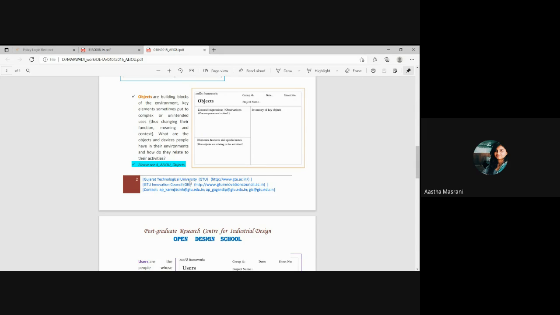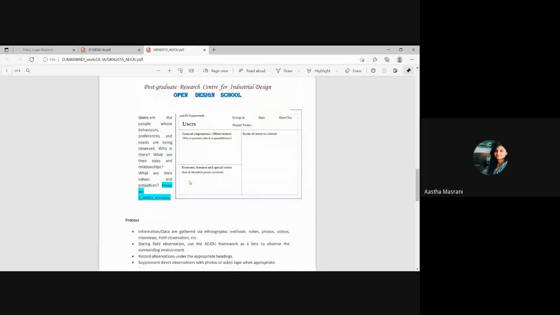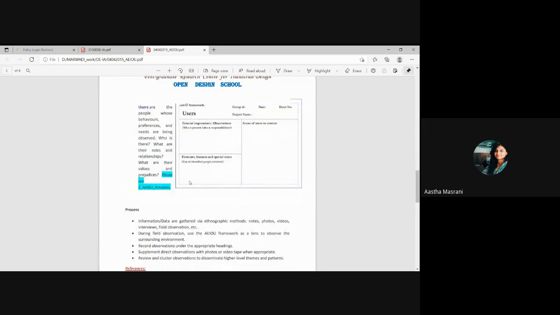And regarding the users, who are the users that you have to mention? Who will be the users of your application? Just that much you have to mention in the users portion. So this is your complete AEIOU sheet. Any doubts till now?